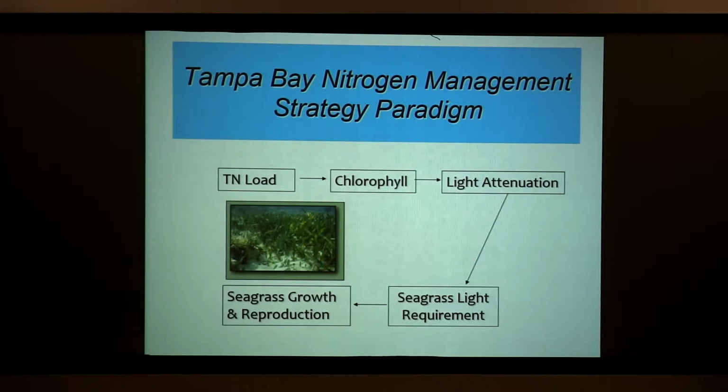This is external loads. We are working primarily with external loads here in Tampa Bay. And so we have a TN load goal that now is also the regulatory total maximum daily load for Tampa Bay. And it's about 1,400 tons per year that, again, will result in meeting those chlorophyll and light attenuation goals.